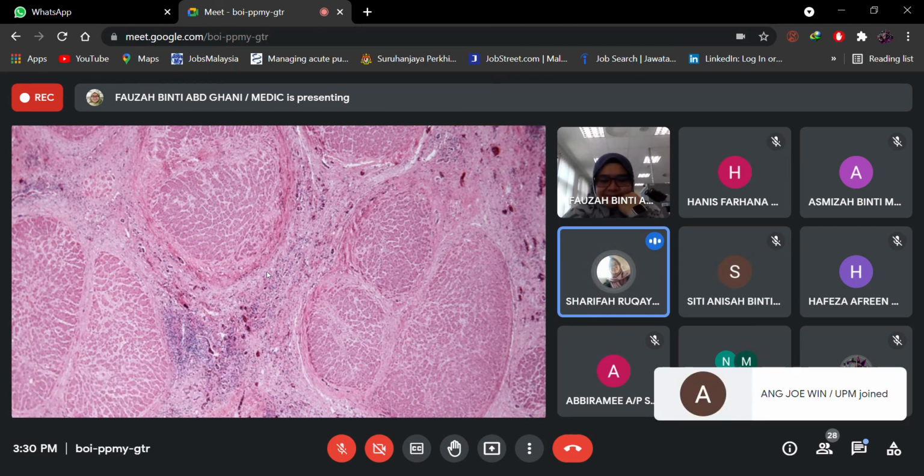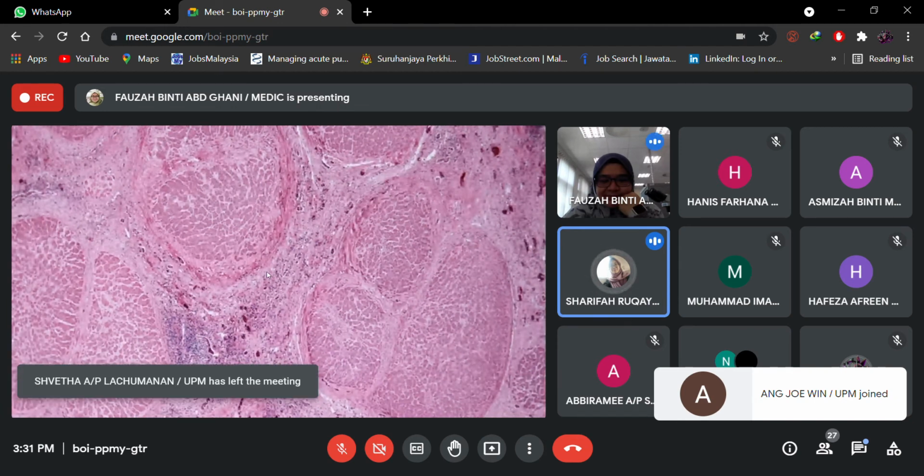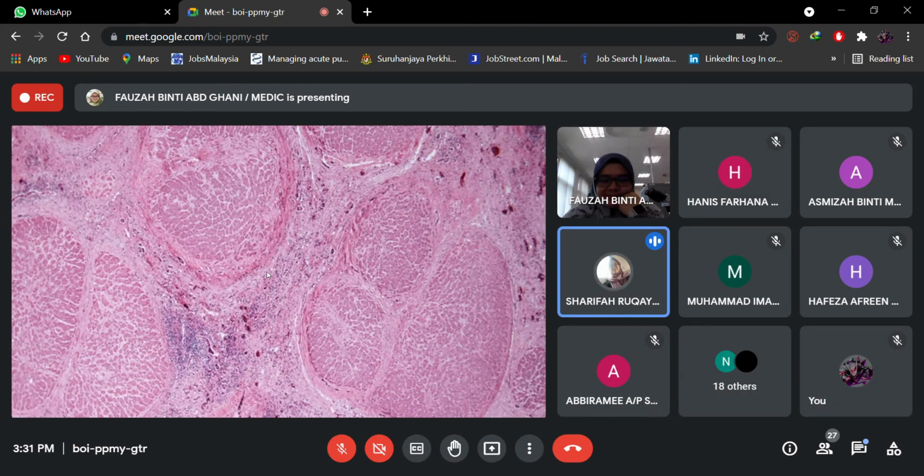From the pictures, I can see that there is a bridging fibrous septa that separates the hepatocytes into nodules. And then there's a diffuse disruption in lobular architecture of the entire liver. And then the presence of mammillary bodies.